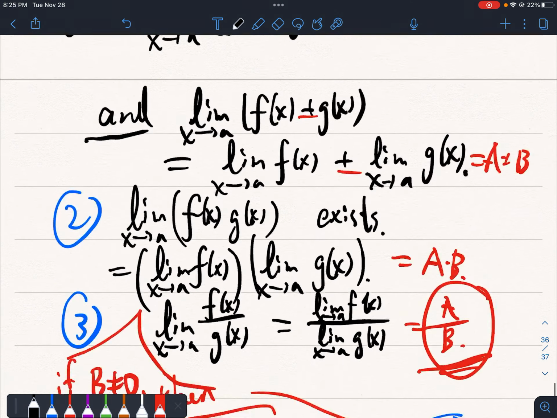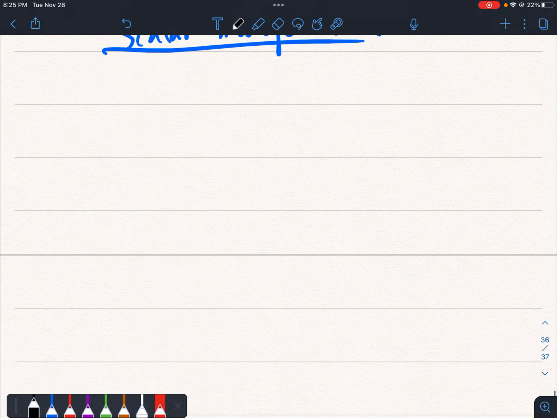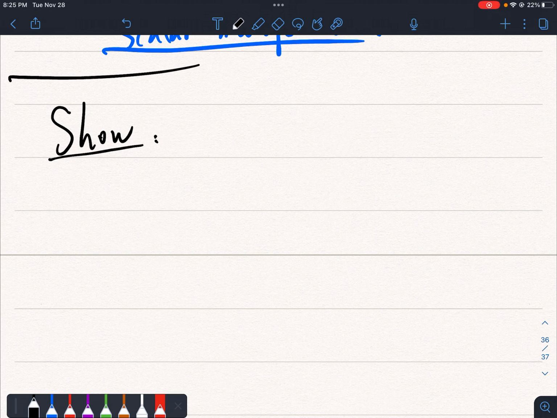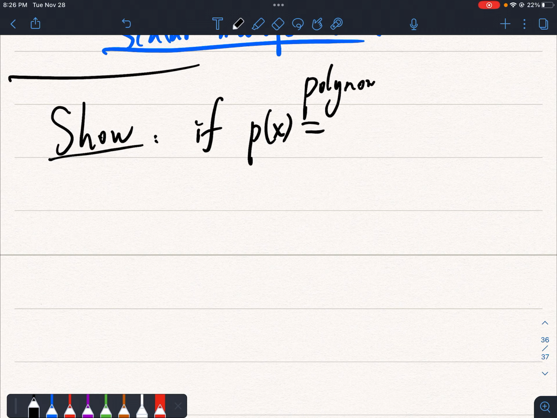Now, if you have all these limit laws, then you can actually show easily that all polynomials are continuous. We will not give the definition of a continuous function that early, but maybe we'll give a definition in the next video. So we just need to show something about p of x, a polynomial.